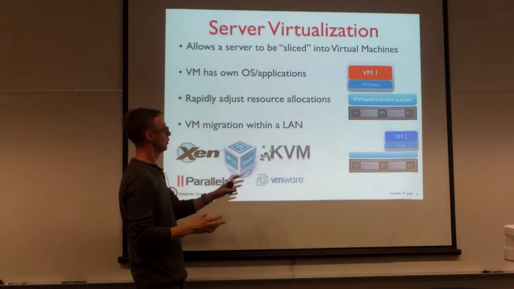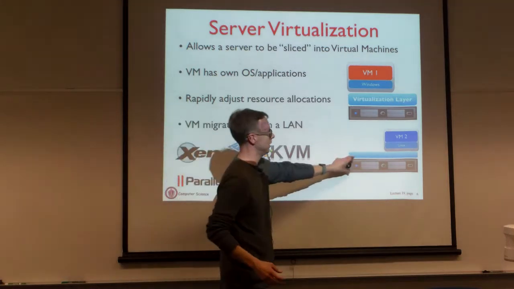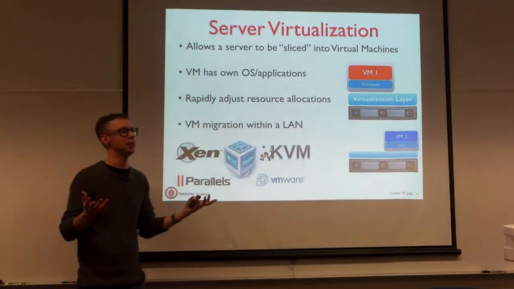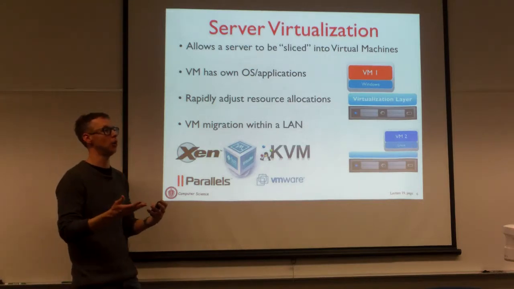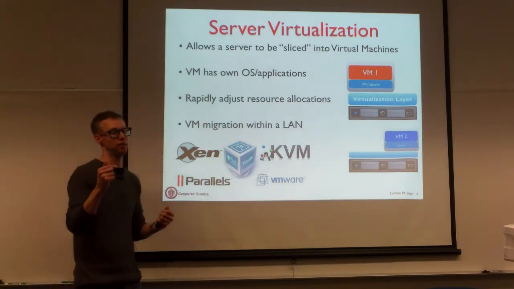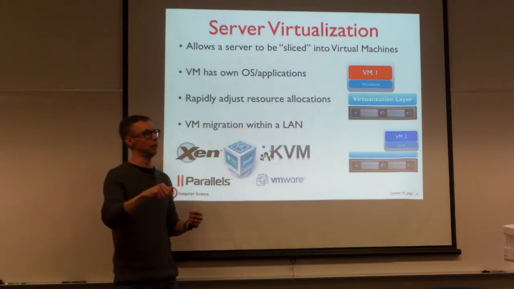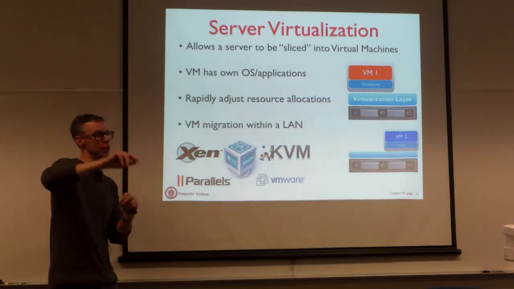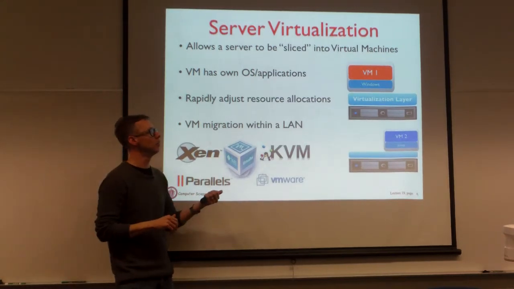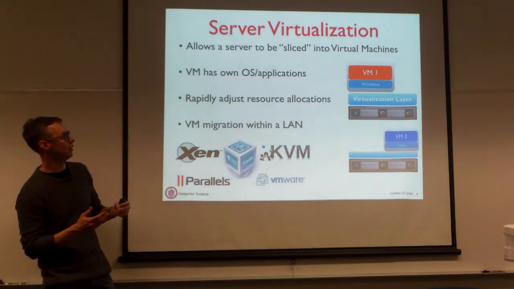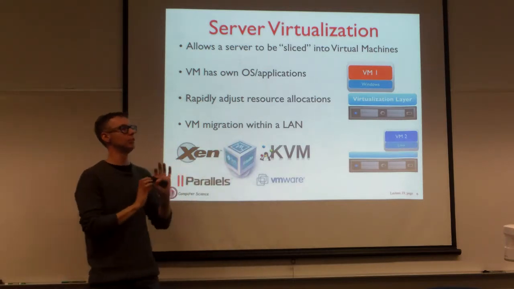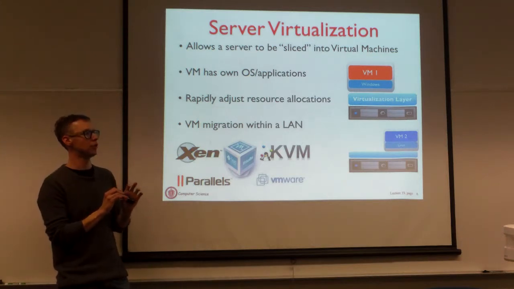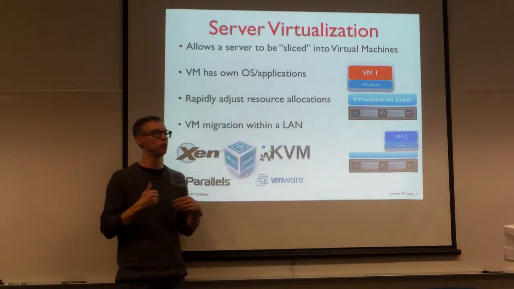So there would be another storage server that would look the same. It would just have a bunch of disks in it, and basically all requests to write to files or disks would go over the network to that server. In many cases, these servers in data centers don't have local disks.